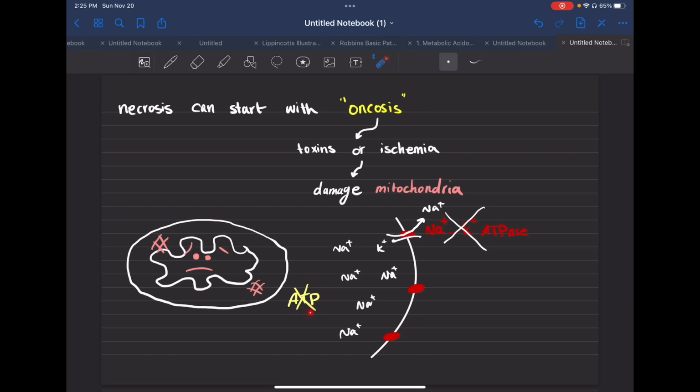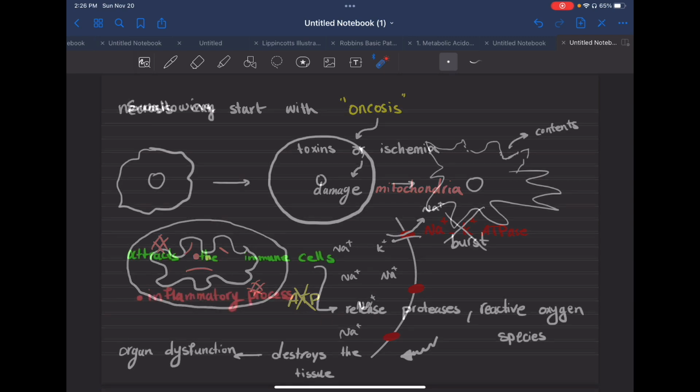Because we don't have any more ATP because of the damage to the mitochondria, this pump is not going to work anymore. So the sodium ions are going to build up in the cell, and as you know, in all places in the body, when you have sodium, it attracts water with it. So the water goes inside too, and that makes the cells swell.